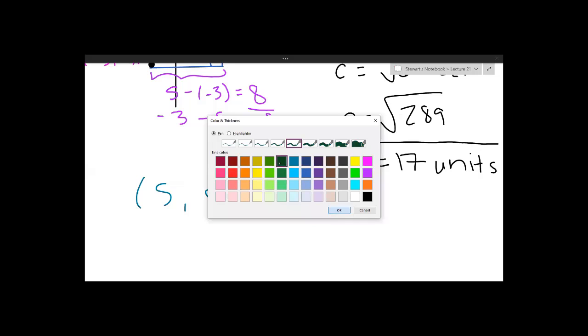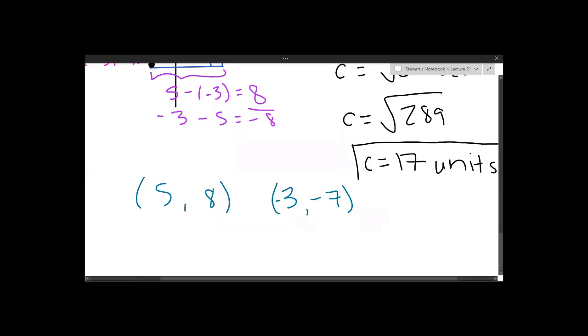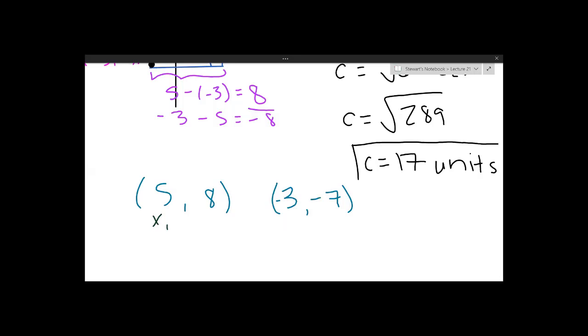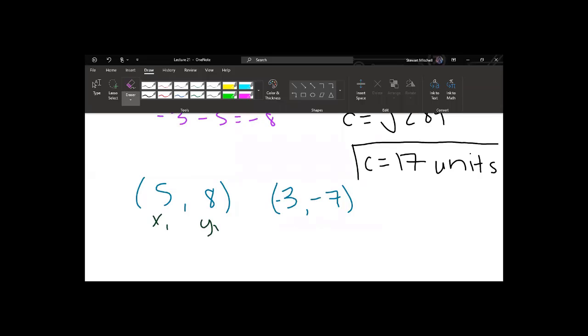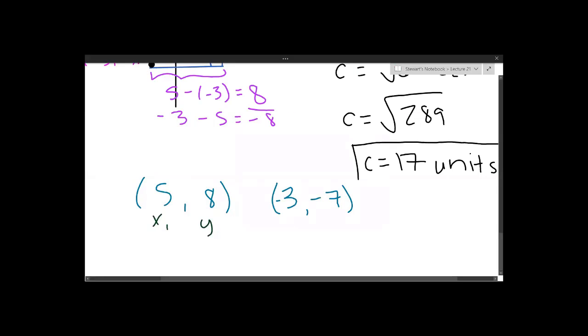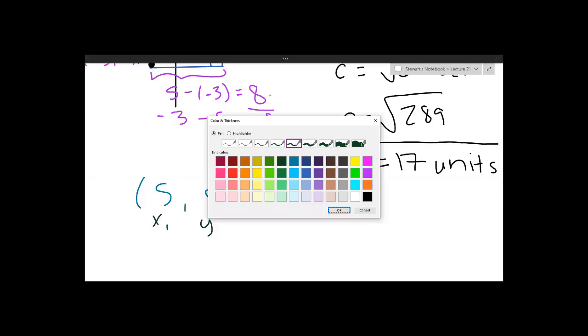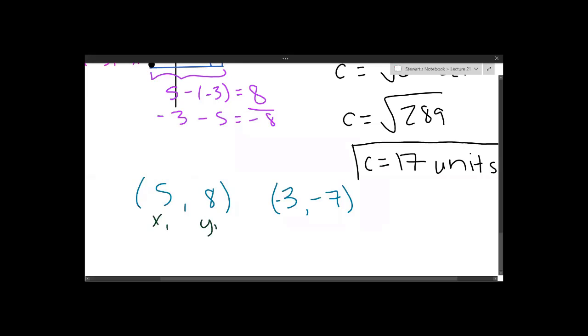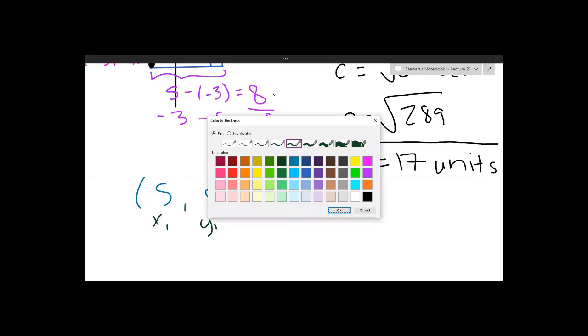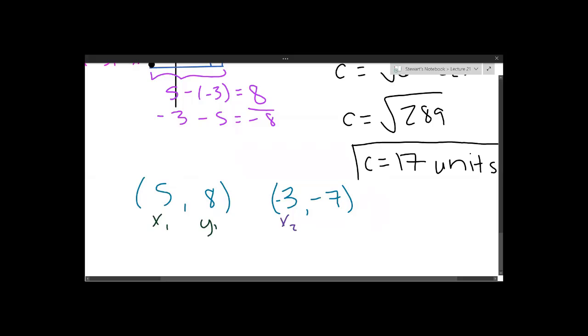Now, notice that if you have 2 points, we're going to denote this value as x sub 1, just to note that it's in the first point. And this one would be y sub 1. That does not look like y sub 1. It just looks like terrible handwriting. And then the second one, we could denote the 2 coordinates as x sub 2 and y sub 2.